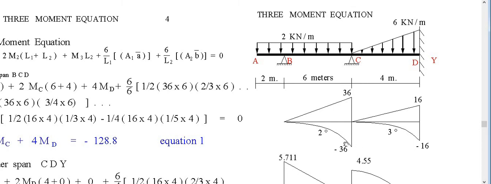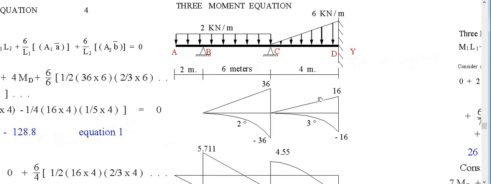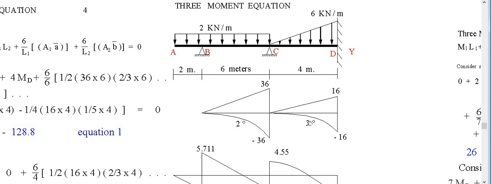These two, positive and negative, must be 0, because for a simple beam there is no moment at C.